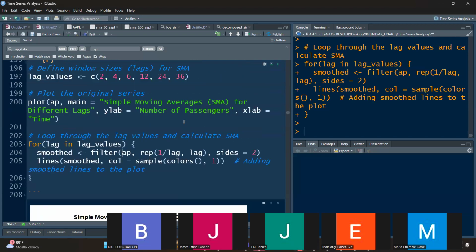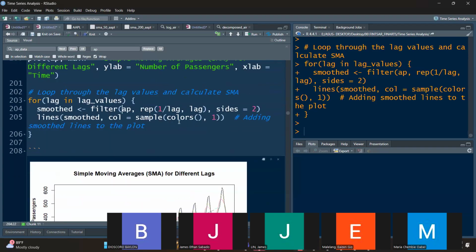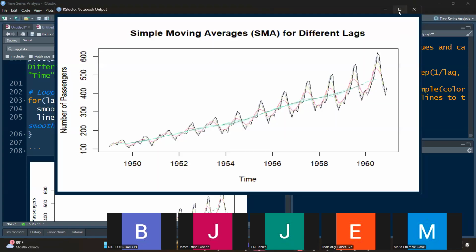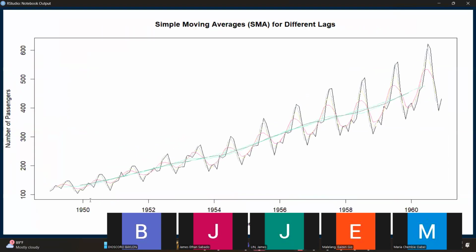Did I change the colors? I did not change the colors. Although there should be different colors because I use these open and close parentheses. So you can see here, the one that really mimics your data should be your SMA2, followed by the yellow one, your SMA4, the red one, your SMA6, and the green one, your SMA8.